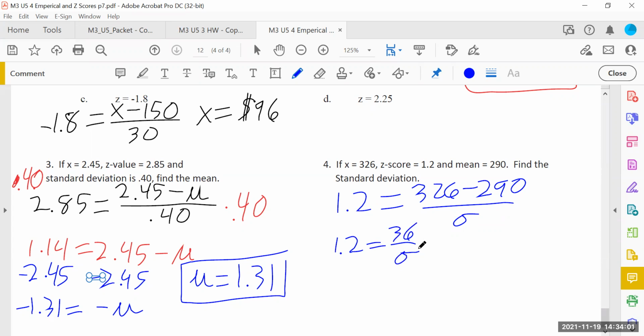Now I need to get the standard deviation symbol out of the bottom. I'm going to multiply both sides by sigma. So I've got 1.2 sigma equals 36. And I can divide by 1.2, and I get sigma, the standard deviation, is 30.